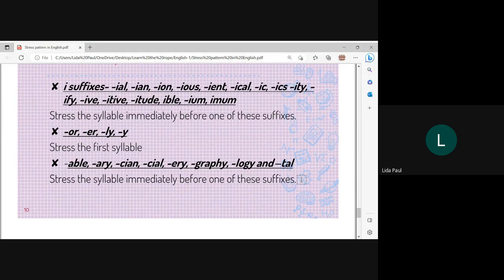They are all examples of the er suffix, and they also are stressed on the first syllable. So the suffix does not take any stress. So is the case with ly. A lot of adverbs of manner take the ly suffix, right? So they are also going to be marked on the first syllable, and adverbs anyway by default are marked on the first syllable. So, happy.